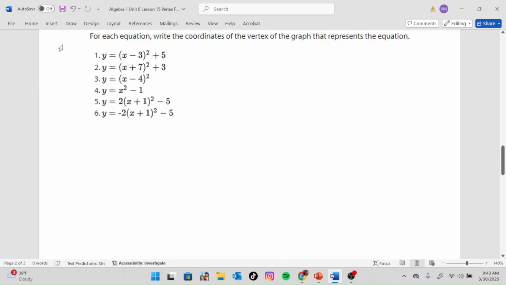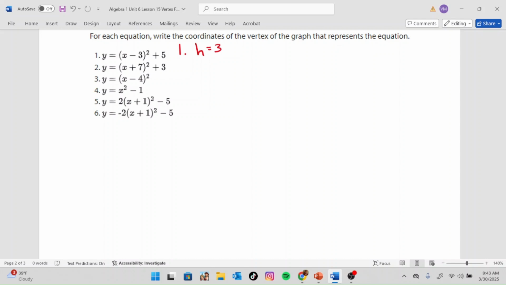Practice problem number 4. For each question, write the coordinates of the vertex of the graph that represents the equation. So, looking at number 1, we can see that because it's x minus h, then h is +3.